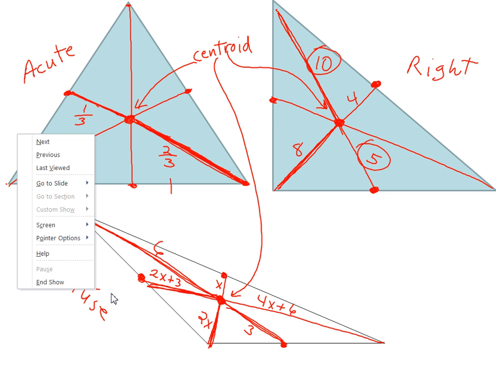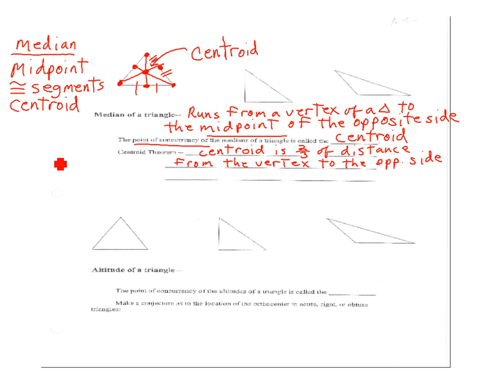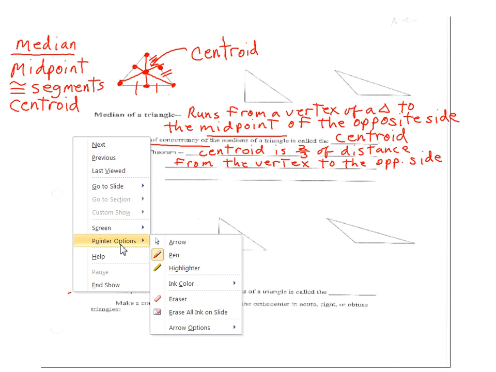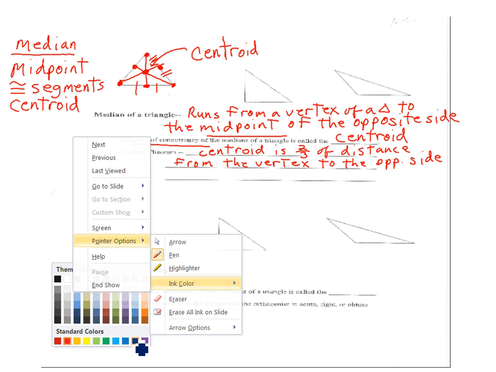Now, maybe an easier way to write this theorem, or something easier that you can understand, let's go back here and we'll write it. Change my ink color here.